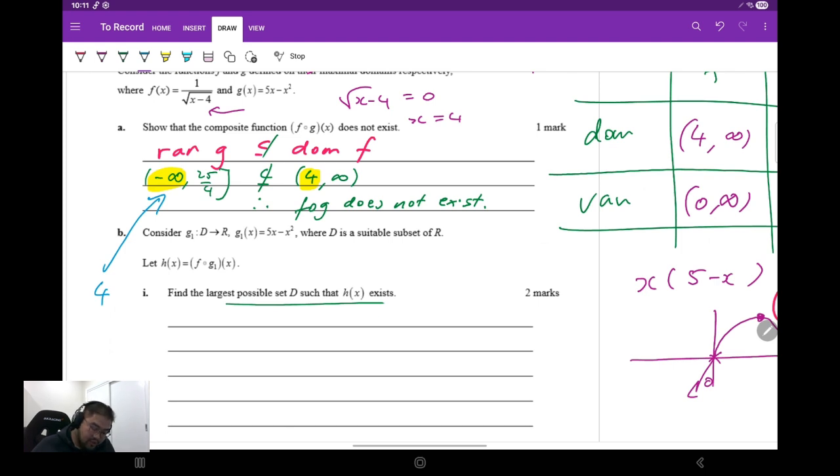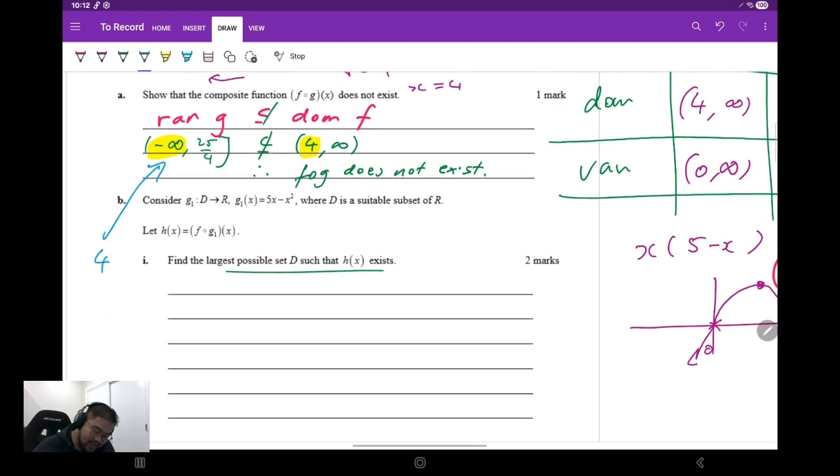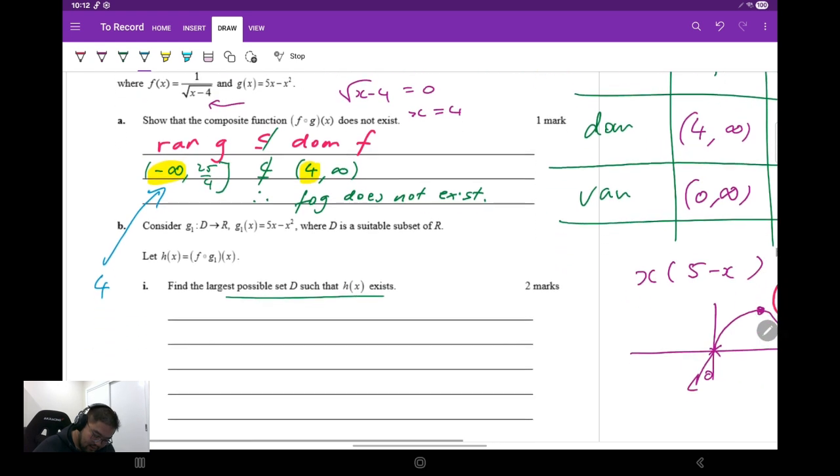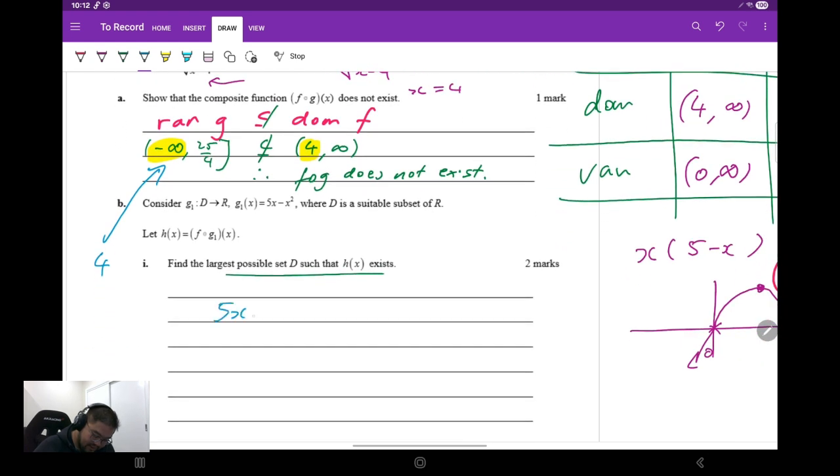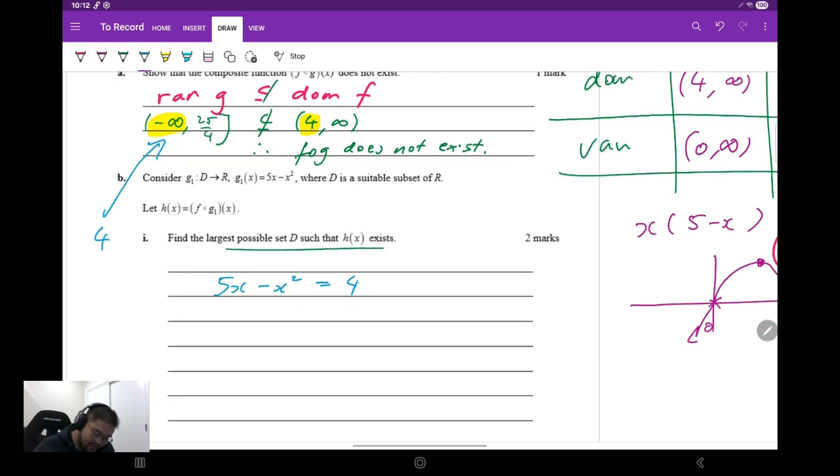So what we need to do now is look at g. In this case, g is 5x minus x squared, and we're going to see where that actually equals 4. If we rearrange this, we get negative x squared plus 5x minus 4 equals 0. Take a negative out: x squared minus 5x plus 4 equals 0.